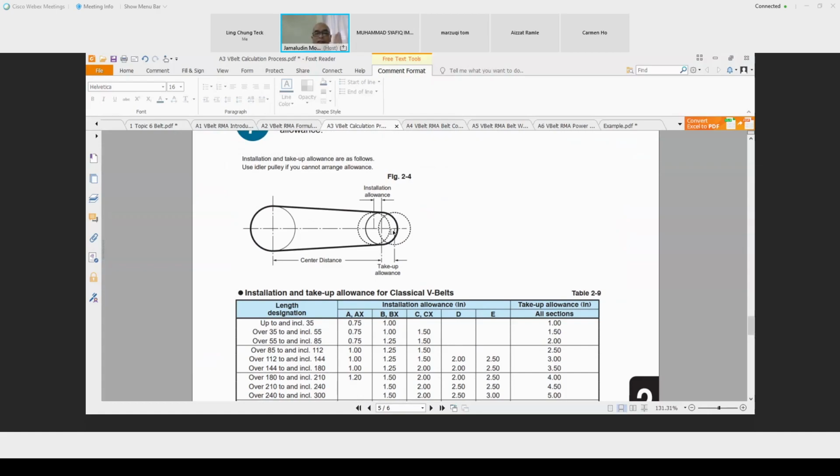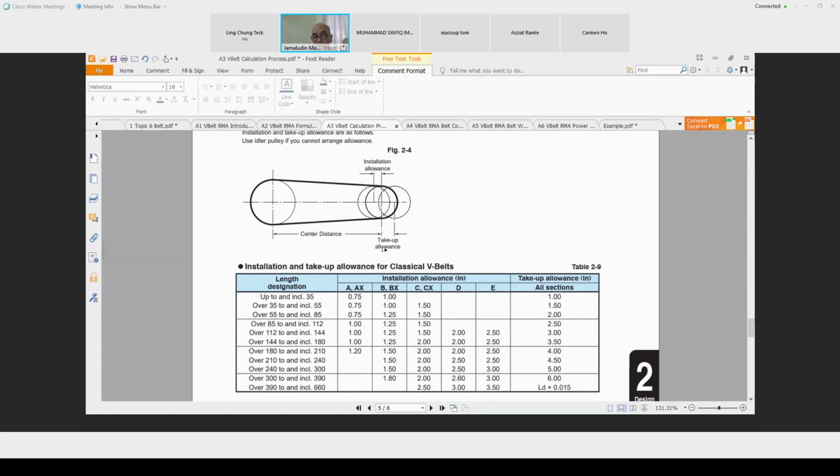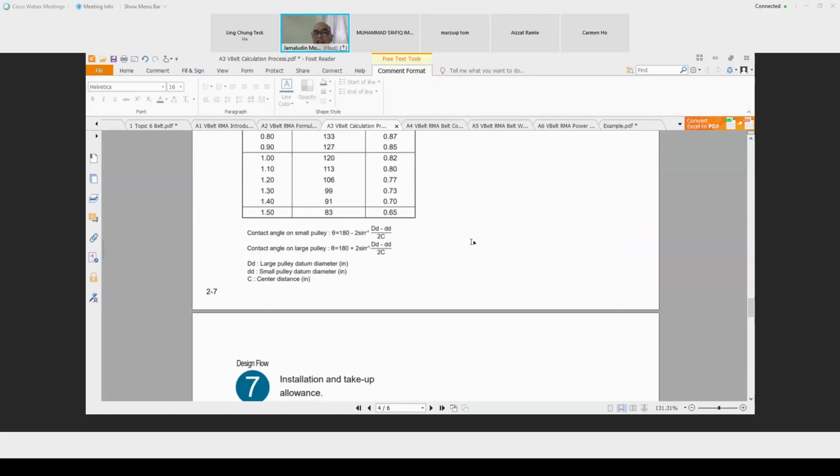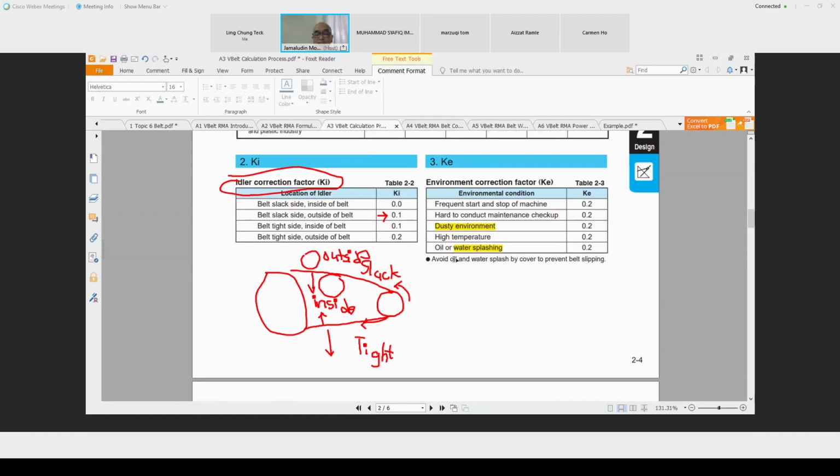Normally the smaller pulley can move. In this case, for example, you can move up to whatever value here, the take up allowance. What is the best solution now? The best solution is that you play around with the C, because when you try to install it, it's very difficult.